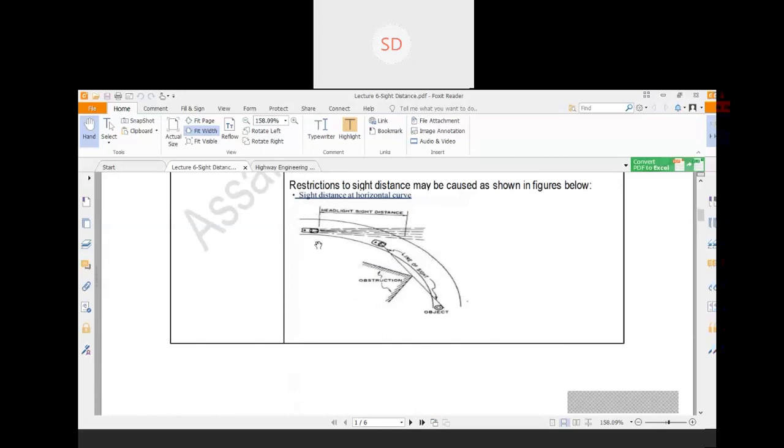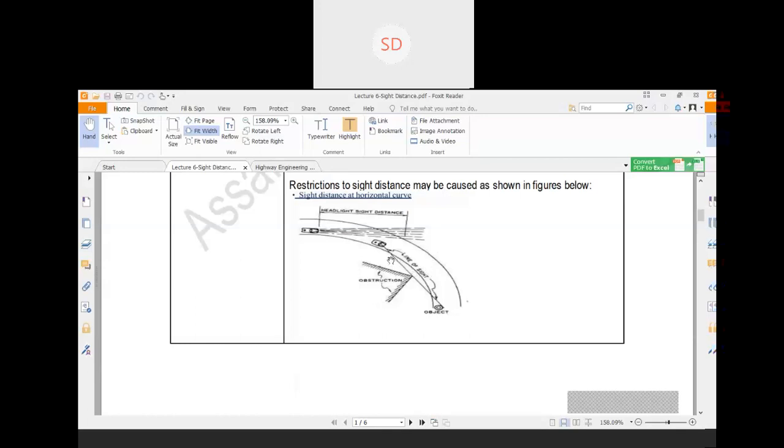When a vehicle enters a horizontal curve, up to this portion it is visible. But when he is at the midpoint of the curve, the vehicle coming in that portion is not visible.